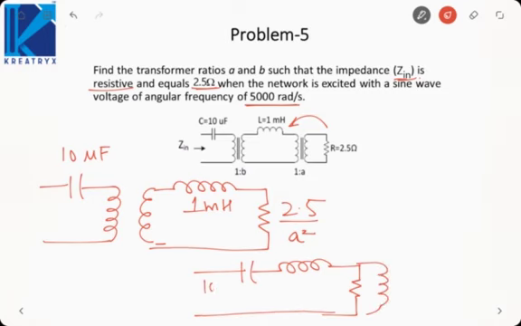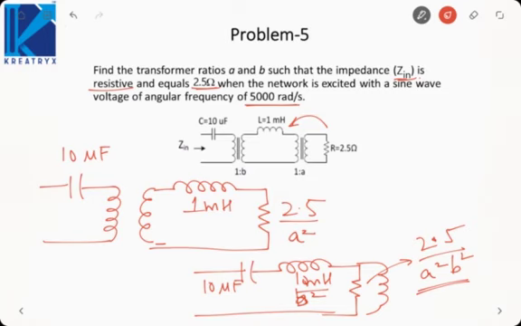It will be 10 microfarad, 1 millihenry by B square, and 2.5 by A square into B square. I am just using the turns ratio square to transform the impedances.